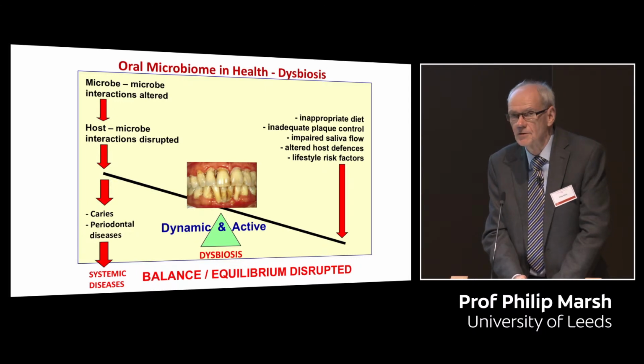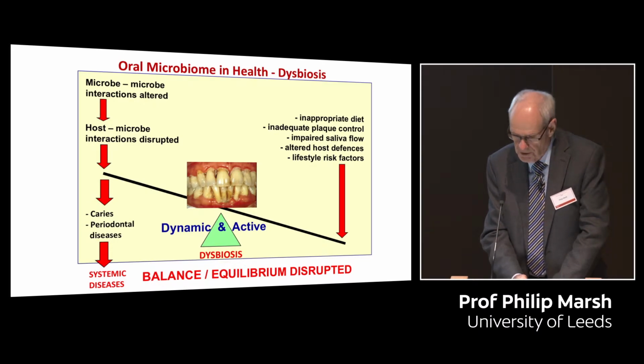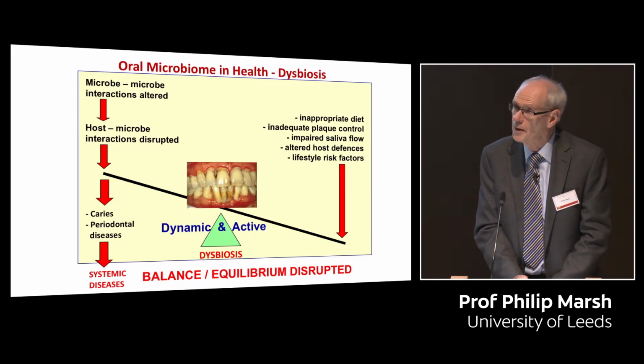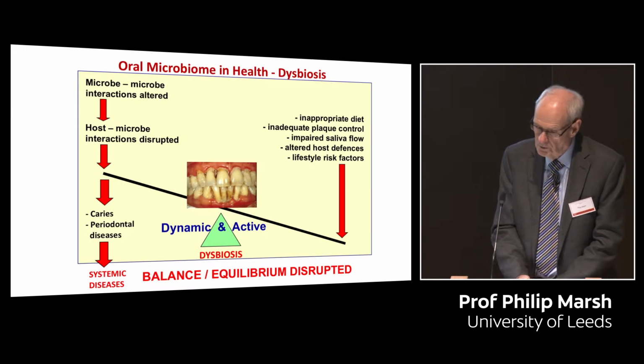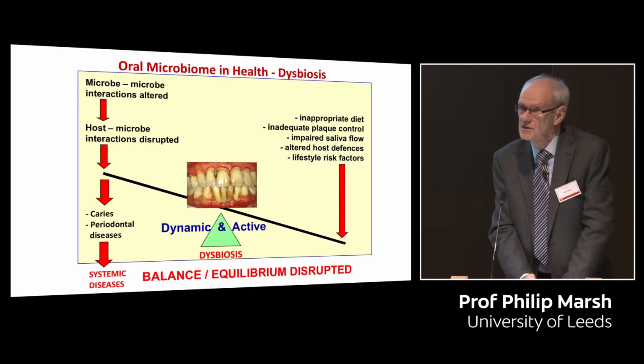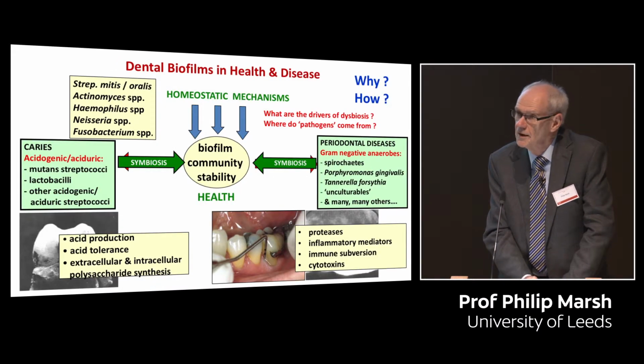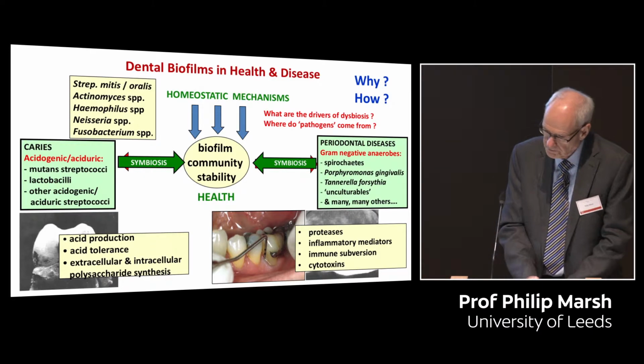Then this alters the relationship between the microbes, and therefore the relationship between these microbes and the host. A consequence of this is that we often see caries or periodontal diseases, and even possibly more serious systemic diseases as a result of the breakdown of this relationship. And as I said, this is termed now dysbiosis.